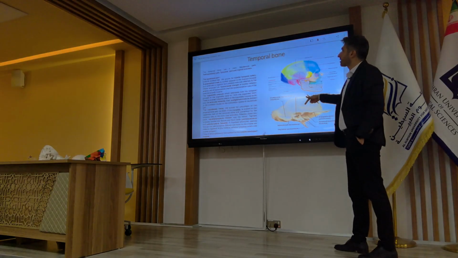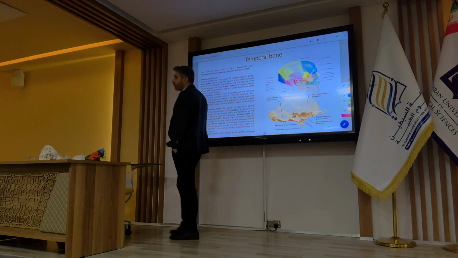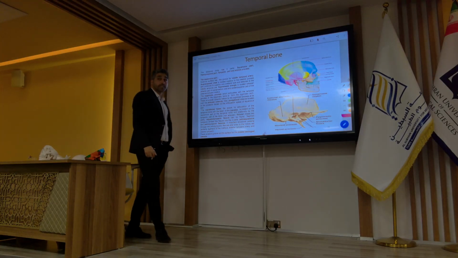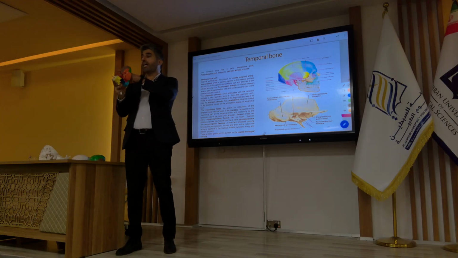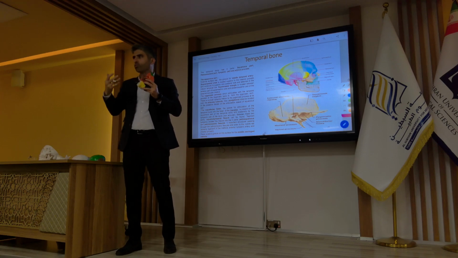How many parts we can see in the temporal bone? It has 4 parts, 5 parts. Look at here. What is the landmark? For example, in the occipital bone, I told you the landmark is foramen magnum. Then we divide that: a squamous part behind, basilar part anterior, lateral part lateral to the foramen.